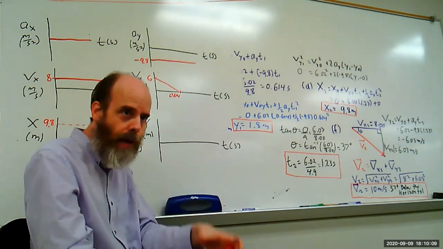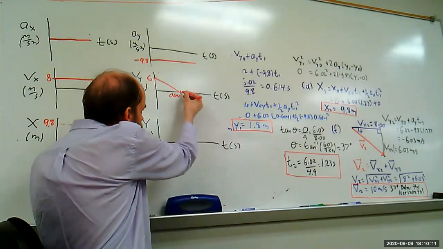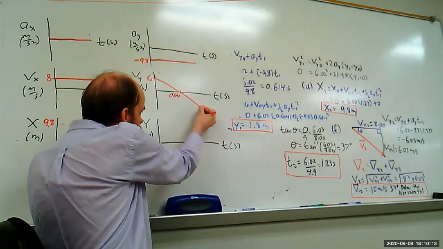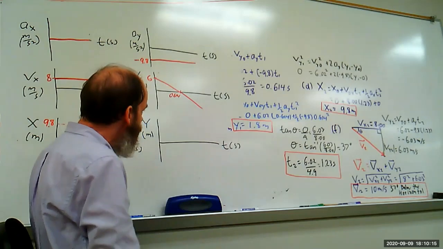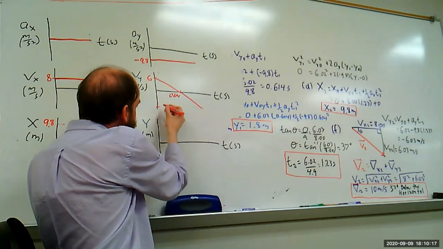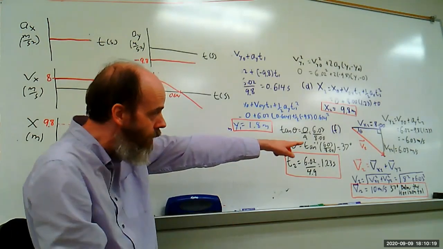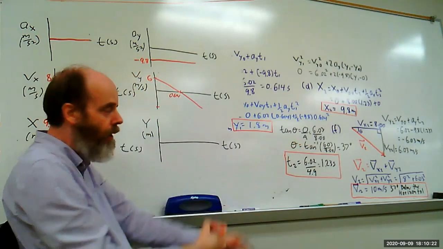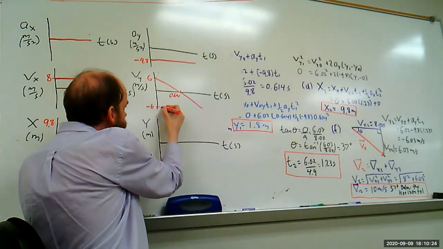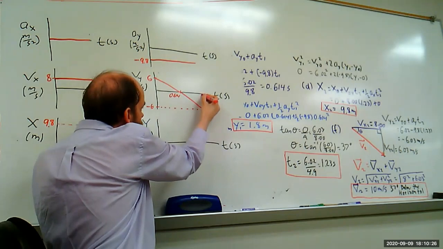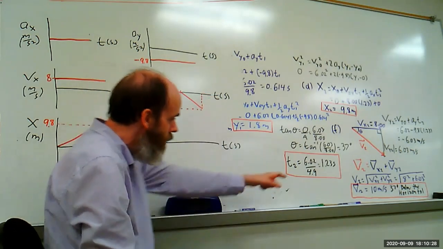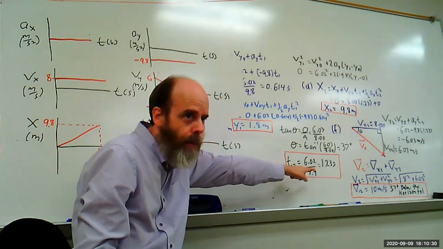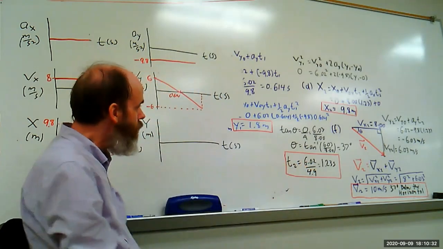It starts going down from that peak and continues to be a linear decrease. And it gets down to here. And at this point, the y velocity, as we calculated there, was negative 6 right here. And this time, where it happened, was the total time in the air. That's 1.23.